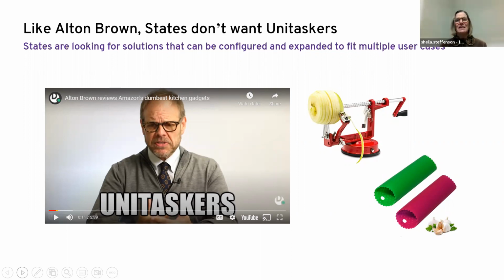So we want things that can do more than one job, and we need to do that because we have to be more, again, efficient, do more with less, those sort of things. So the One Integrate rules engine, when implemented for one solution, is definitely a multitasker and can be utilized for a wide variety of other solutions.